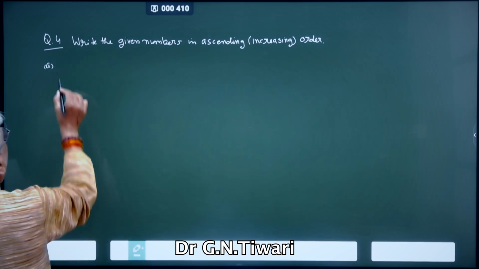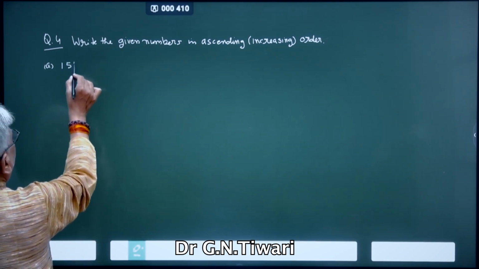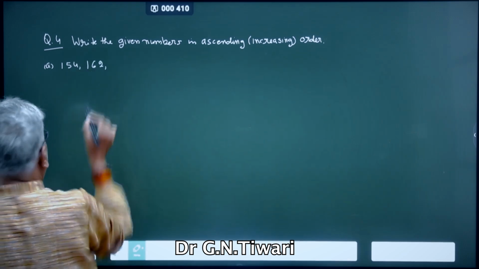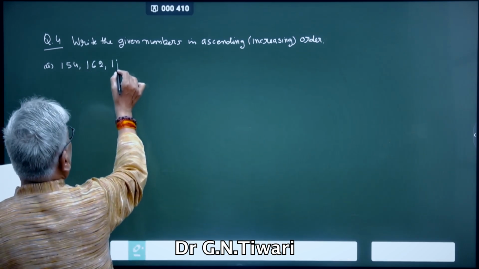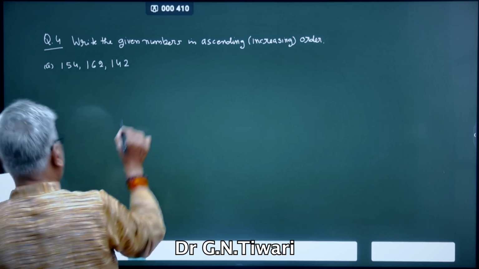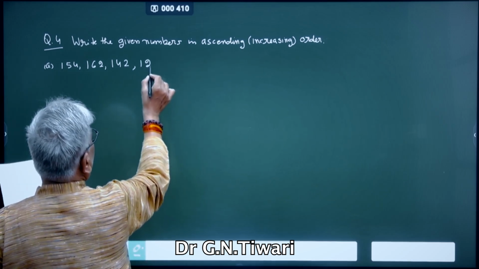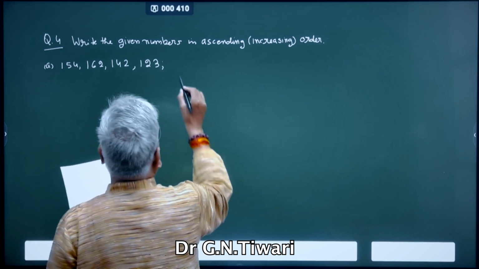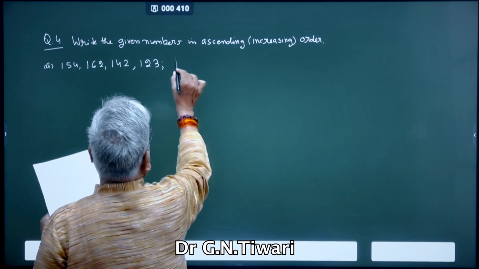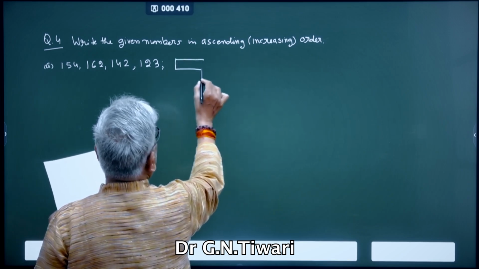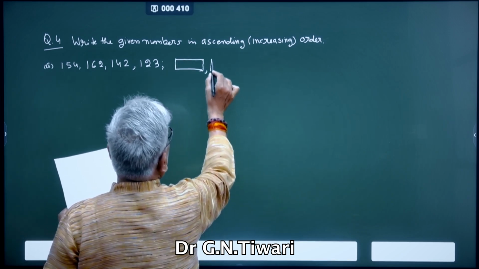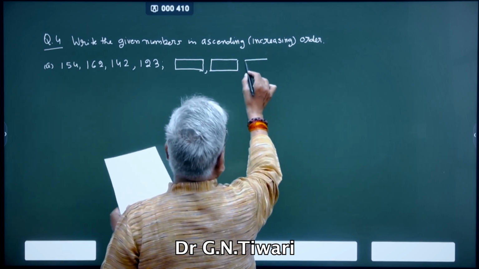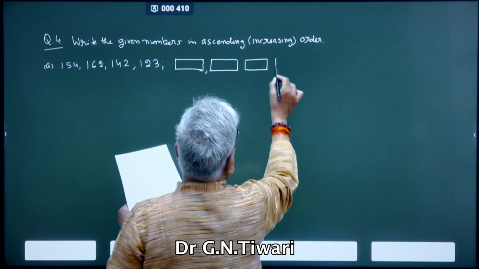A: 154, 162, 142, and 123. And here you have to write 1, 2, 3, and 4.